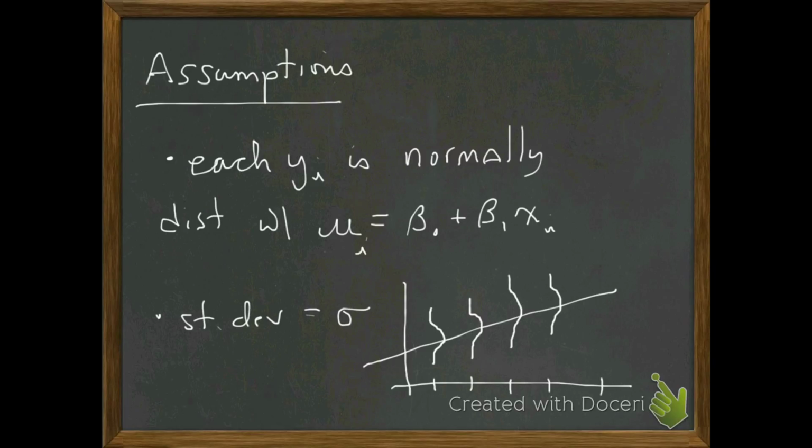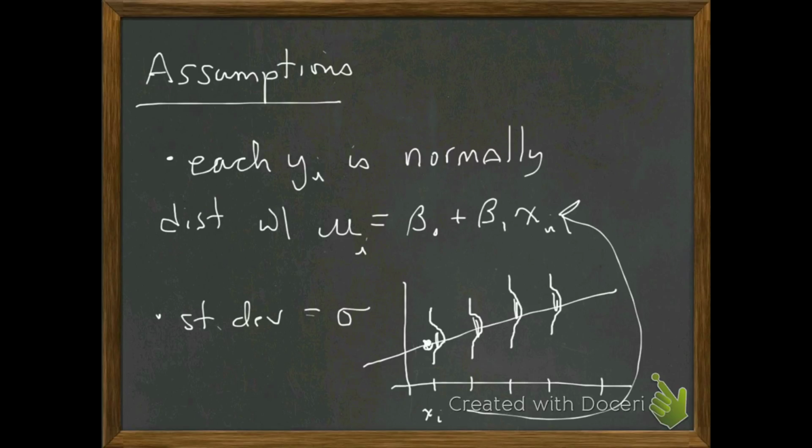For each y sub i, the mean response is the value we get by inputting the level x sub i into our model. Then we're going to assume that the standard deviation is constant, so the variation within these distributions doesn't do anything wacky on us.